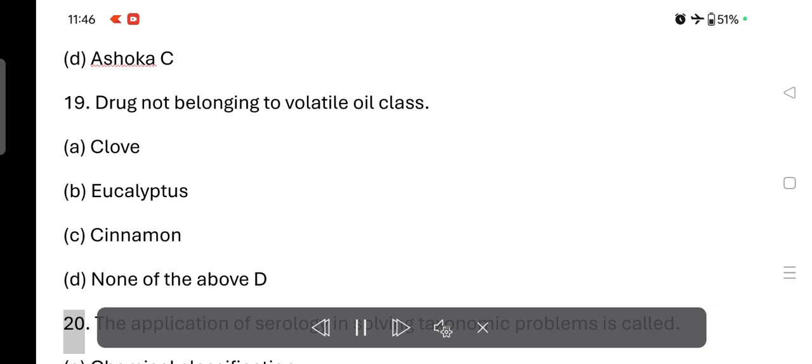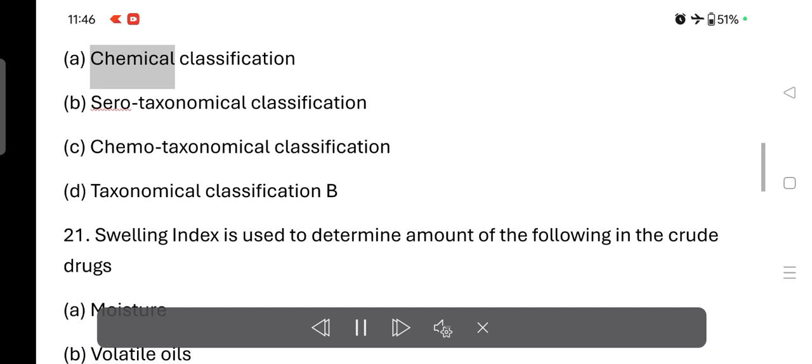Answer: D. 20. The application of serology in solving taxonomic problems is called A. Chemical classification. B. Serotaxonomical classification. C. Chemotaxonomical classification. D. Taxonomical classification. Answer: B. 21. Swelling index is used to determine amount of the following in the crude drugs. A. Moisture. B. Volatile oils.